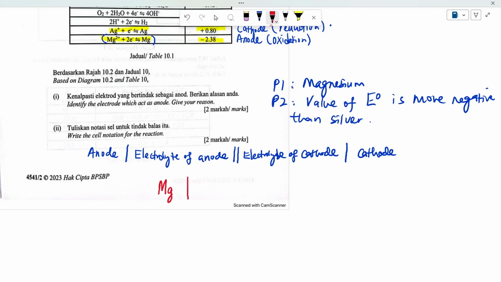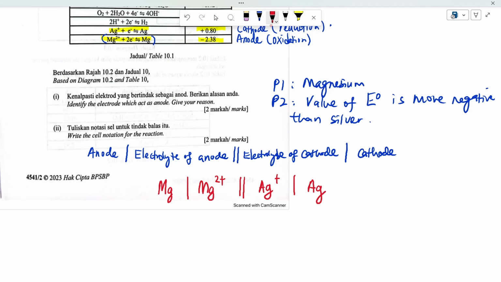What is the electrolyte? Magnesium ions, right? Yeah. Then double line. For the cathode is silver, right? So the electrolyte is silver ions. Then silver. So this is how you write the cell notation.